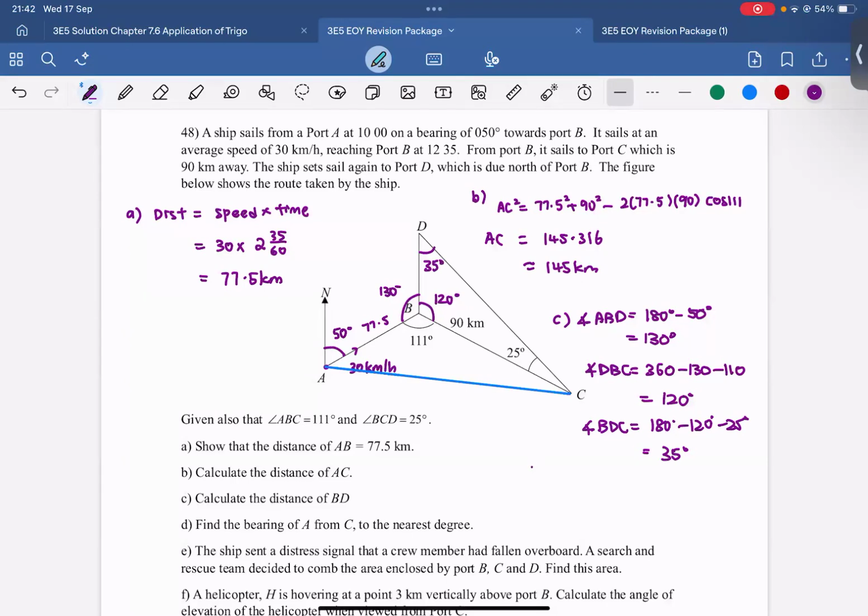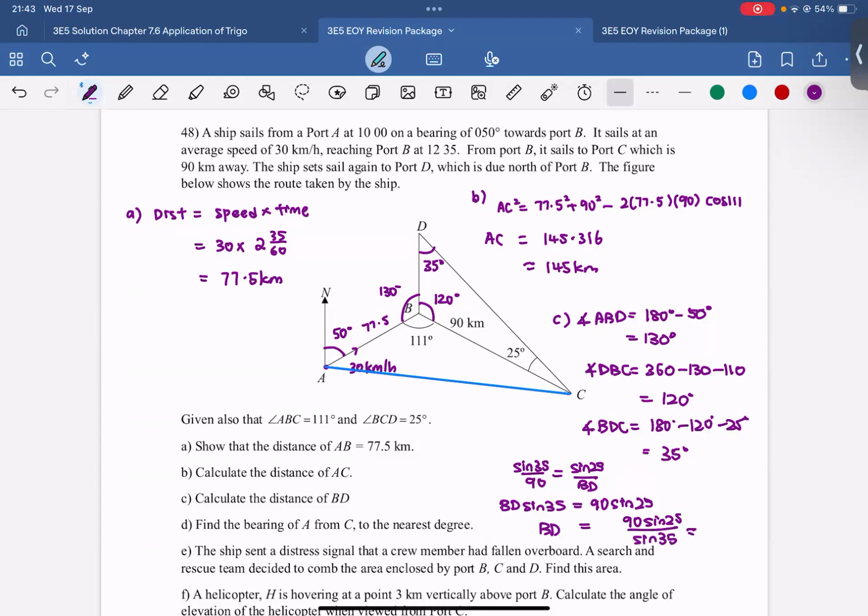So sine 35 over 90 equals to sine 25 over BD. Cross multiply, BD sine 35 equals to 90 sine 25. BD equals to 90 sine 25 divided by sine 35.